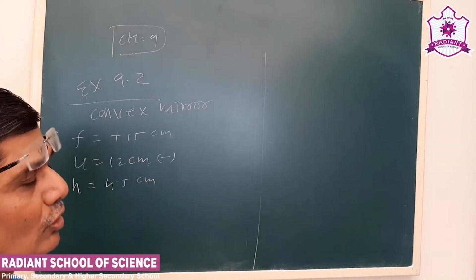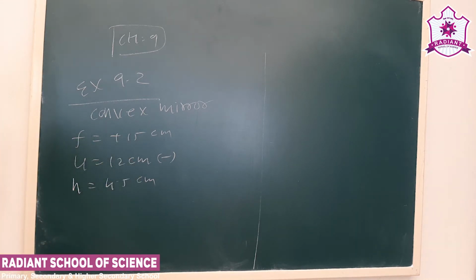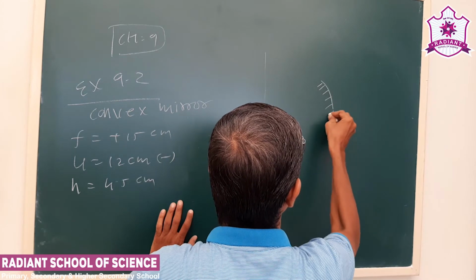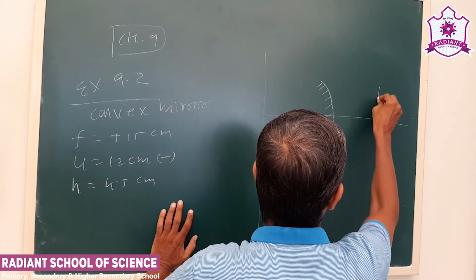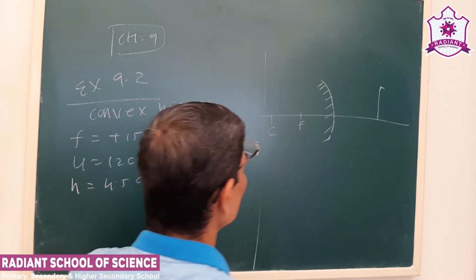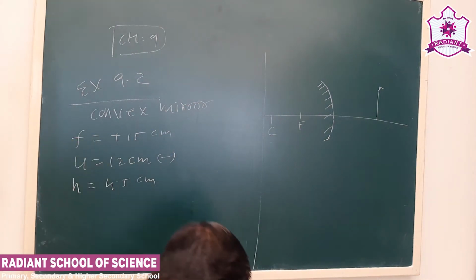Now we know the convex mirror always forms a virtual image. Okay, now let us see how the image is formed for a convex mirror. Now we know the convex mirror is a diverging mirror.